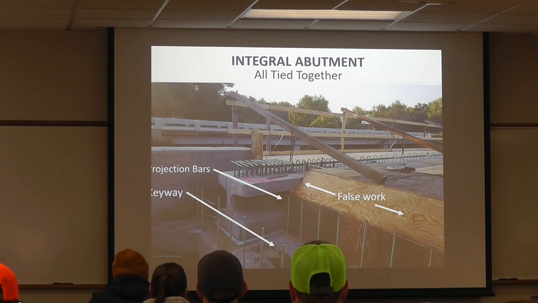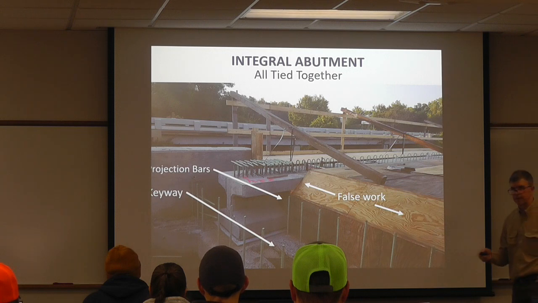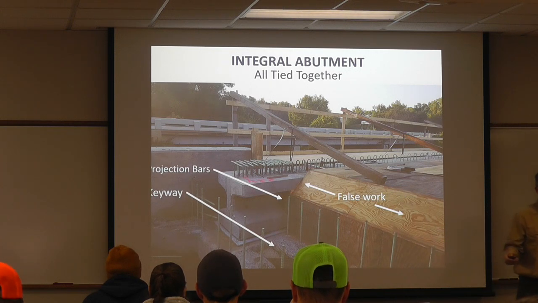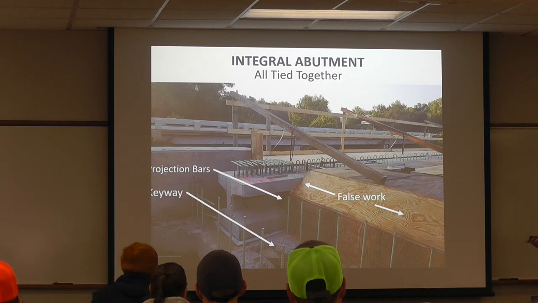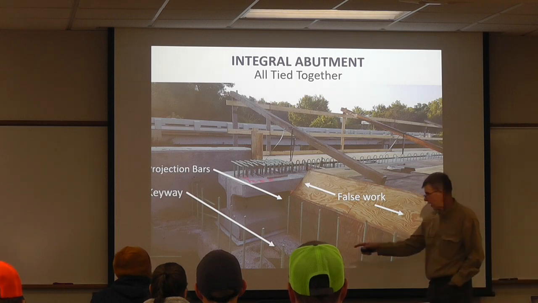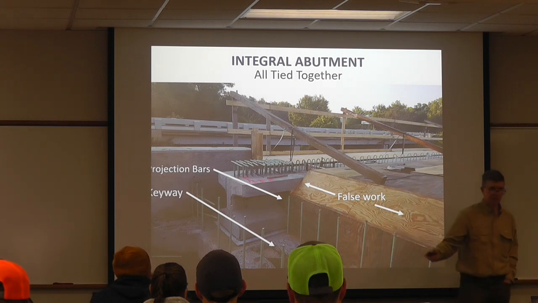Falsework and formwork are shown here, all of the ply form. Keyway down here. Somebody had a good point, might have been John, I can't remember, but the keyways, oftentimes the contractors want to shovel the keyways out. The specs say you have to do it per the plan. So the keyways in the plan are often a 2x6.